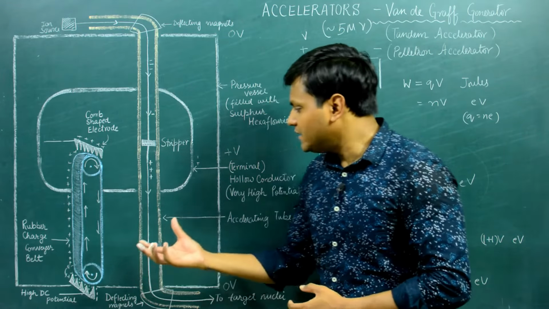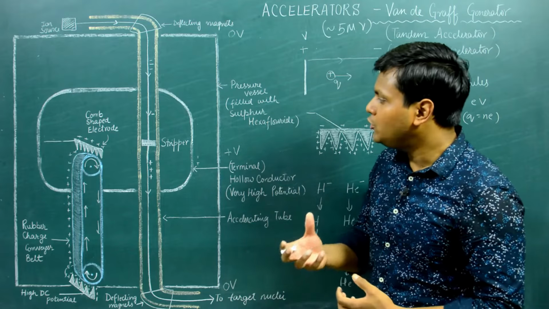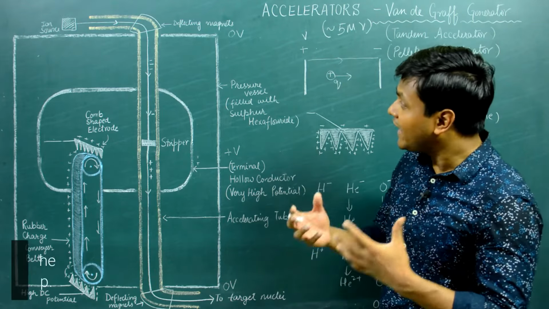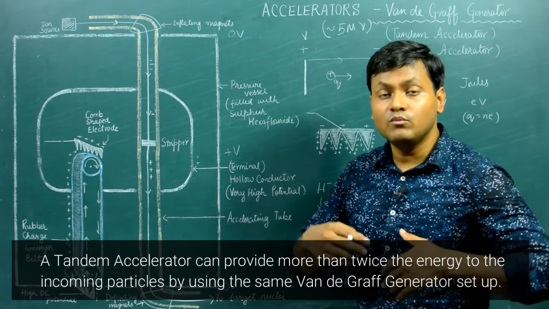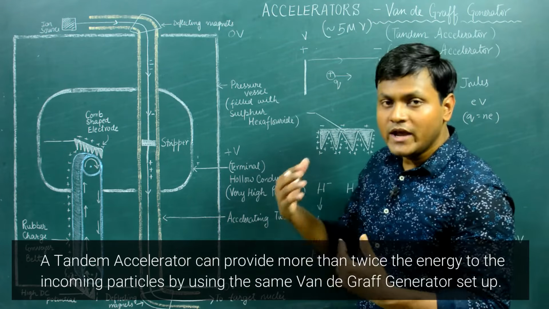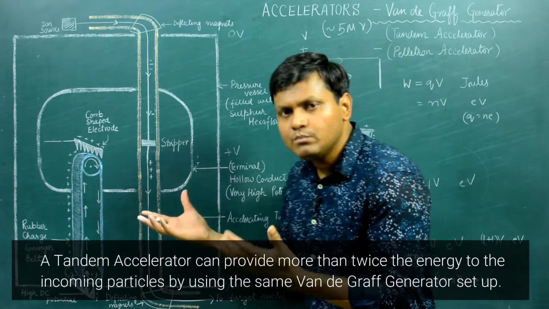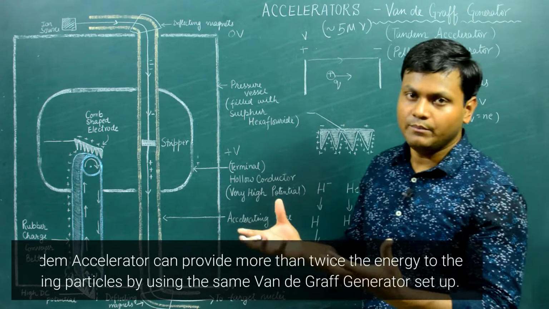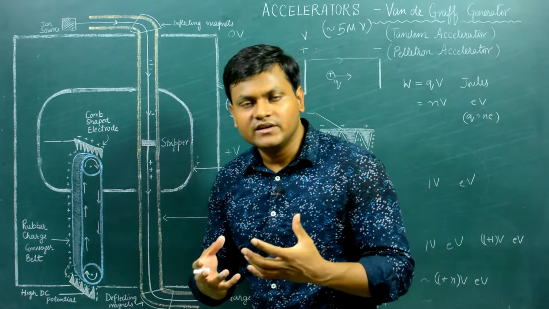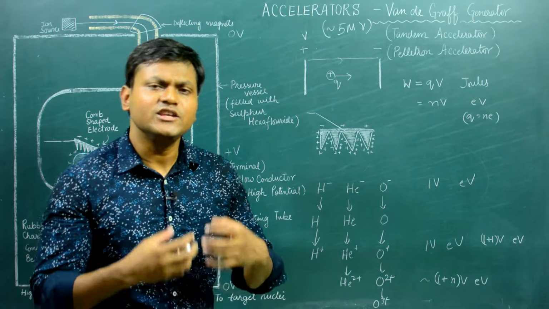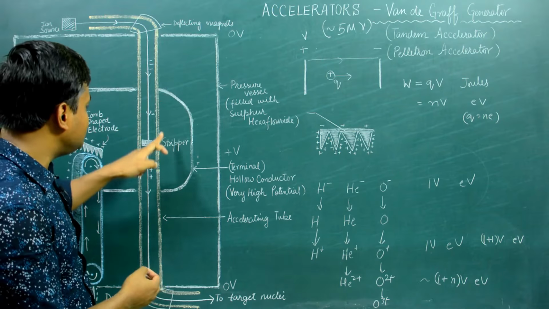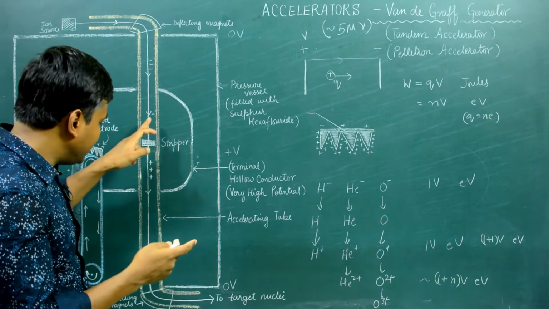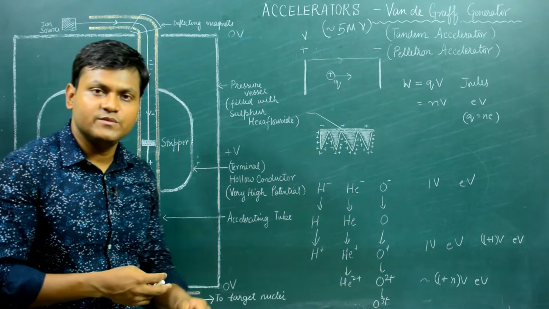So a tandem accelerator is more beneficial compared to a normal Van de Graaff generator because it can provide more than twice the amount of energy to the incoming particles using the same setup. Most Van de Graaff generators used in today's accelerators are tandem accelerators, where the negatively charged ion is stripped of two electrons and then again accelerated by a positive potential difference.